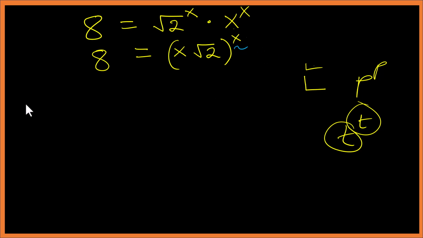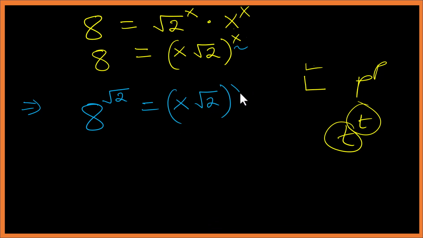So let's go ahead as we balance it. So we have 8 to the power 2, equals x times square root of 2, all raised to x times square root of 2. So I have raised both powers with 2.